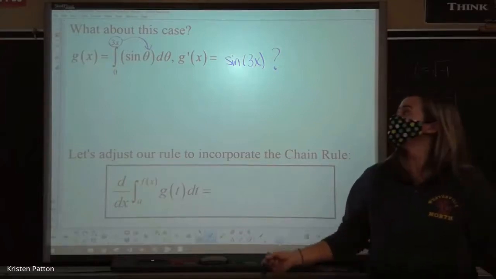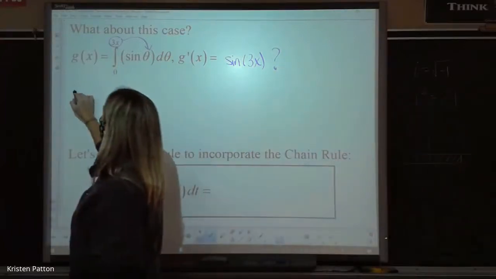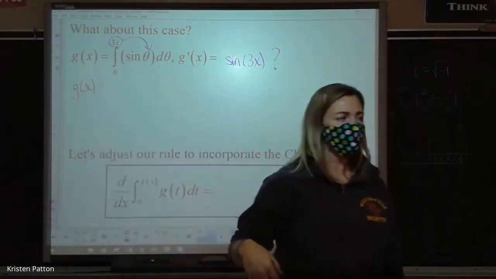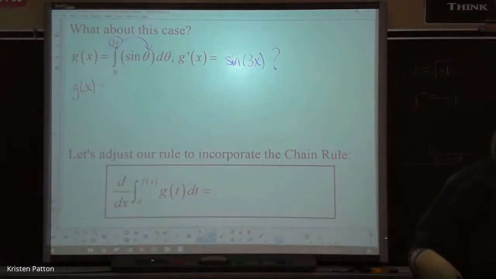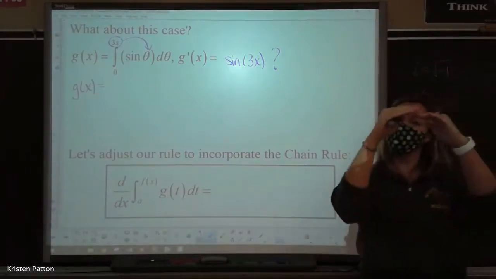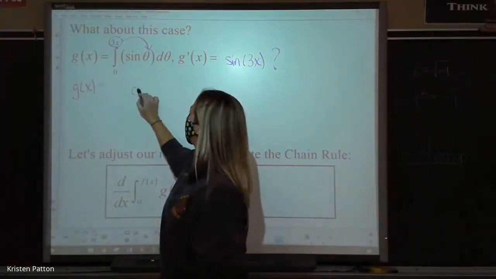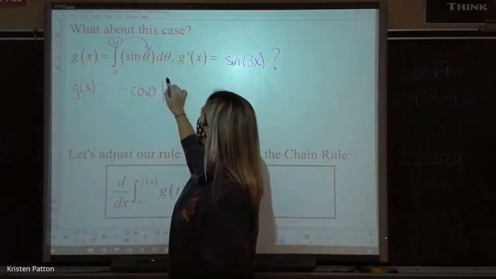Let's just check. So maybe we just clean up the function. What's the antiderivative of sine theta? Negative cosine. The derivative of sine is cosine, so the antiderivative is negative cosine of theta.